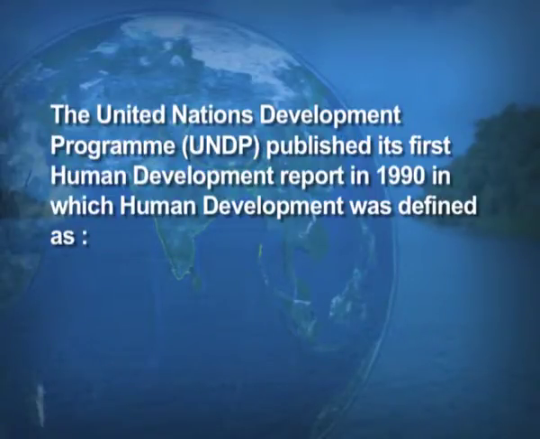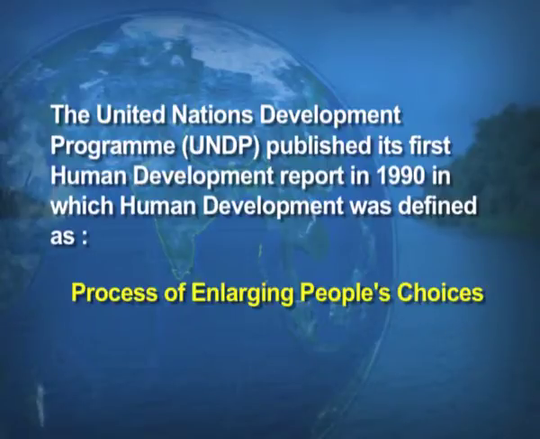The United Nations Development Programme, that is UNDP, published its first Human Development Report in 1990, in which human development was defined as the process of enlarging people's choices.